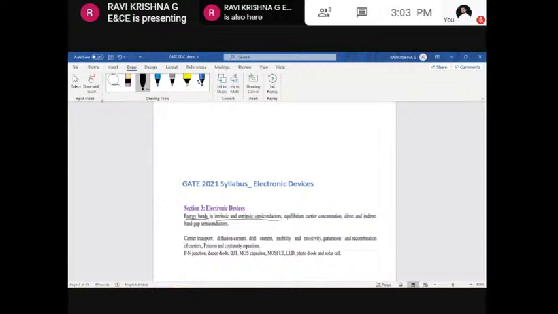Anyhow, direct band gap and indirect band gap semiconductors are used to choose the material type for different types of applications. If you want to choose materials for optoelectronic devices, for example, we need to consider direct band gap semiconducting material. For normal applications, similar to switching and amplification, we need to go for indirect band gap semiconductors.